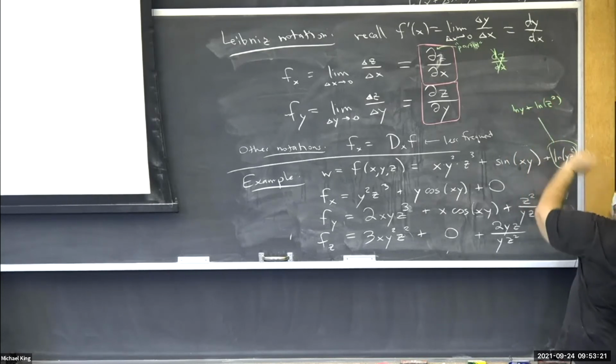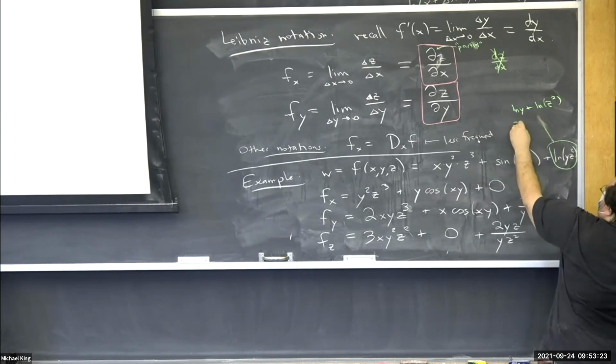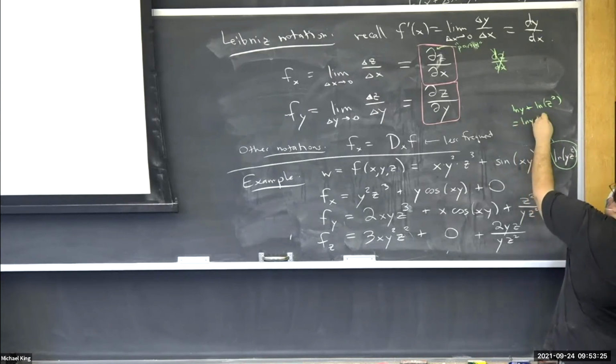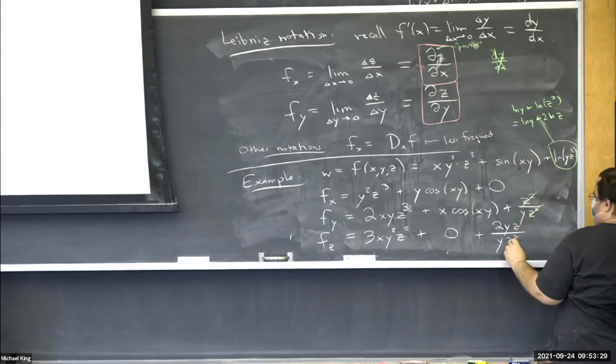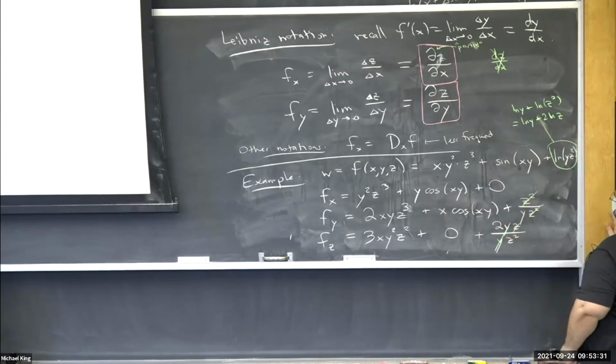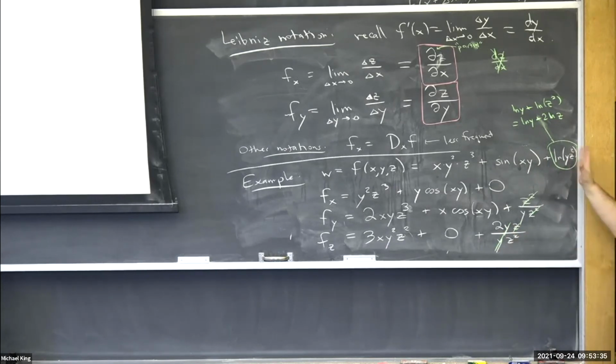And actually you can pull the 2 out there. So this is actually ln of y plus 2 ln z. And so that's why here you just get 1 over y and here you get 2 over z. So it works out either way. You don't have to remember the fancy log rule, but that's kind of why, because these really are separate. They don't really influence each other as far as derivatives go.